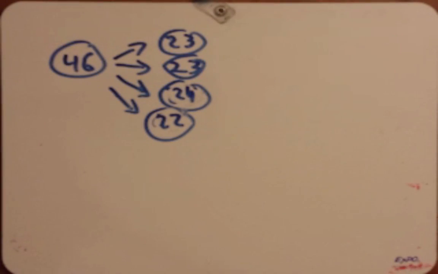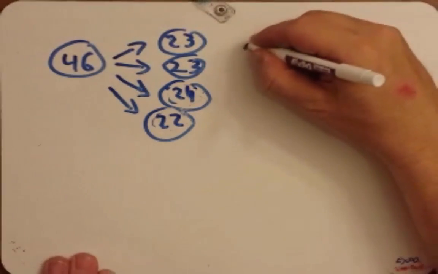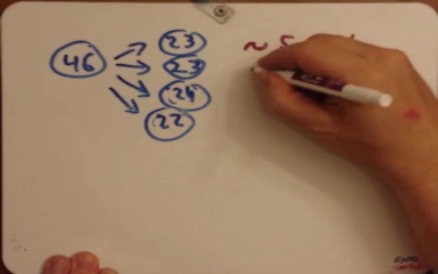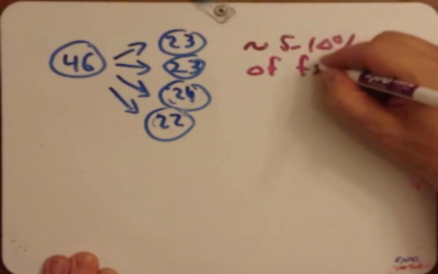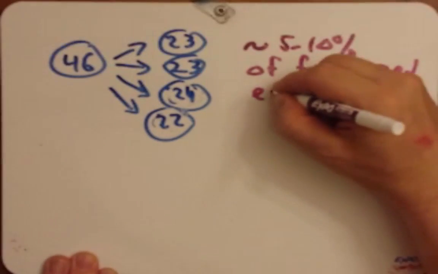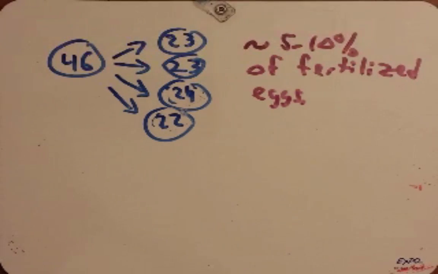So how often do these kind of errors occur? They occur in approximately 5 to 10% of fertilized eggs. So in about 5 to 10% of the cases, the fertilized egg or the zygote will have one of these mutations.